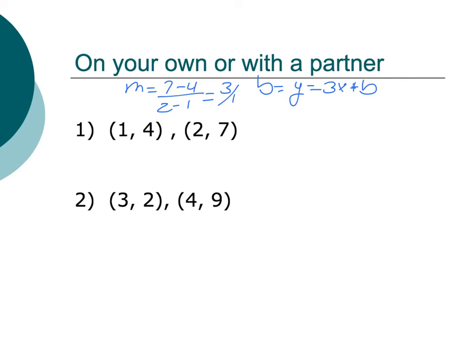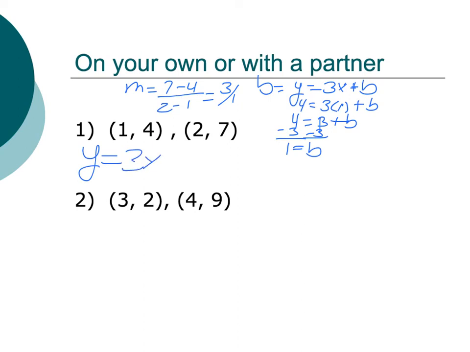I'm going to use the ordered pair with the 1 and the 4. 4 equals 3 times 1 plus b. 4 equals 3 plus b. Subtract 3 from each side. I get 1 equaling b. Put the pieces together. y equals 3x plus 1.